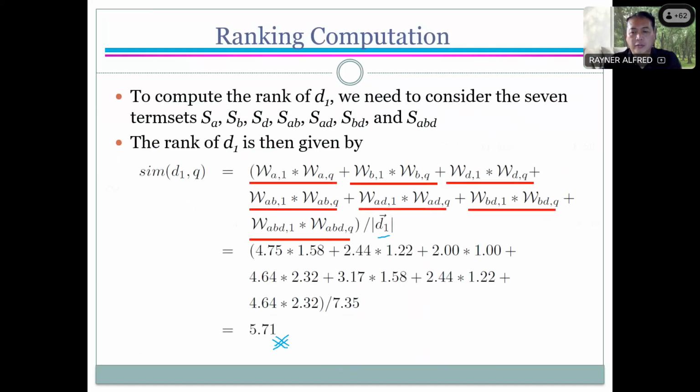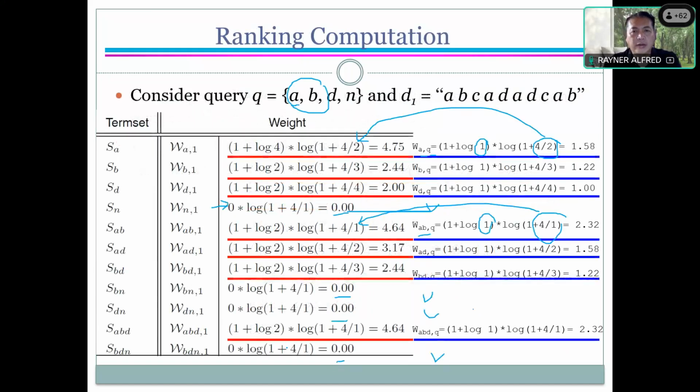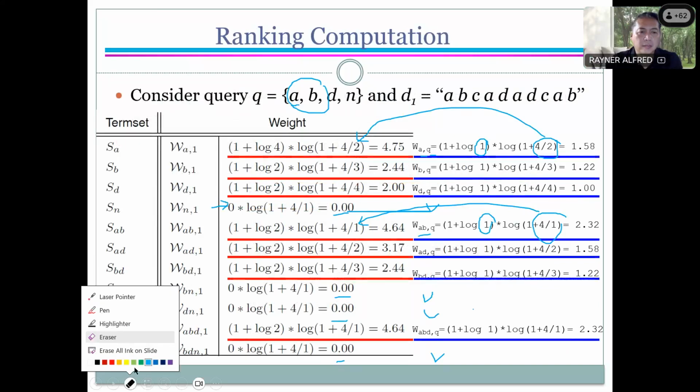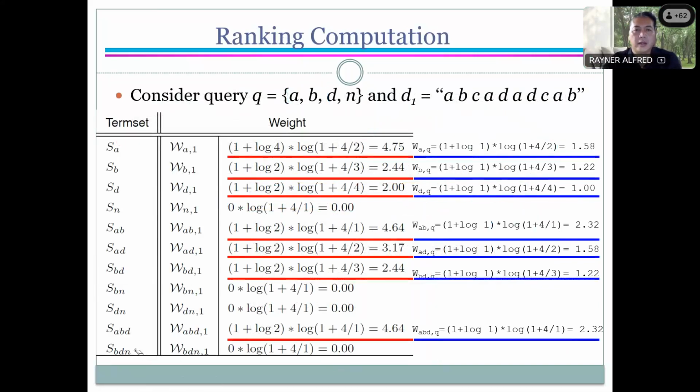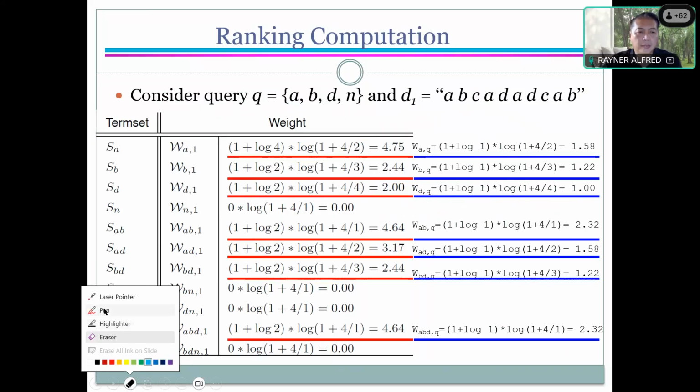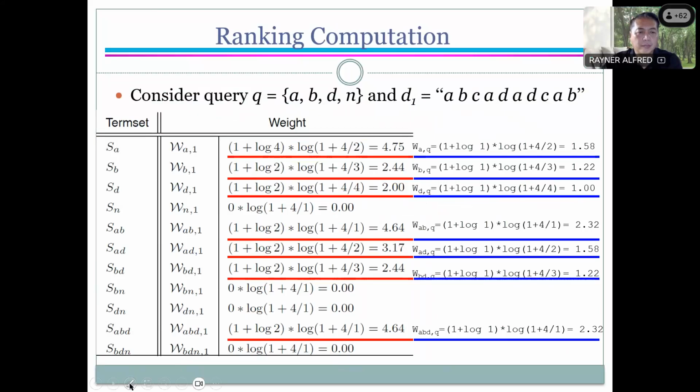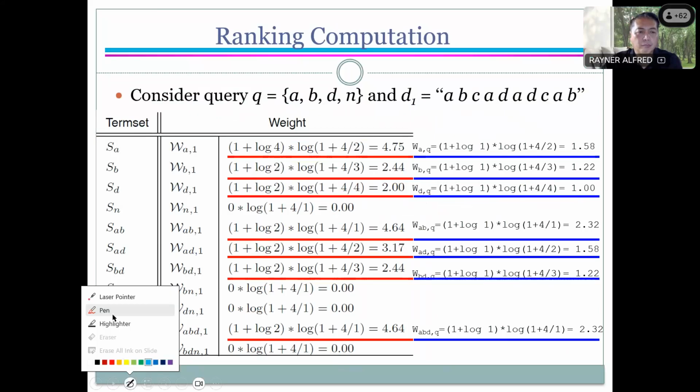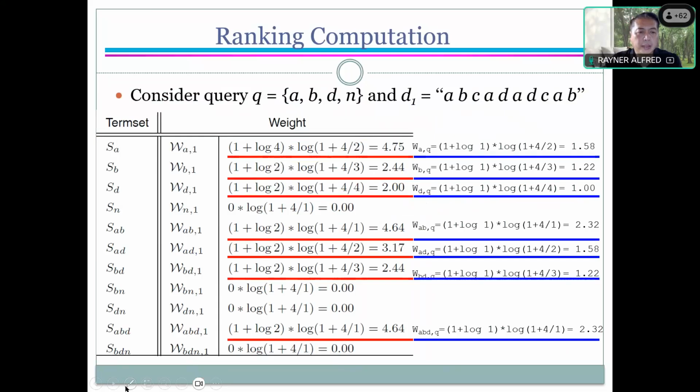Okay. So if we look at the list that we have here, some of them, for example, A, B, D, this A, B, D, this is a subset of this, right?